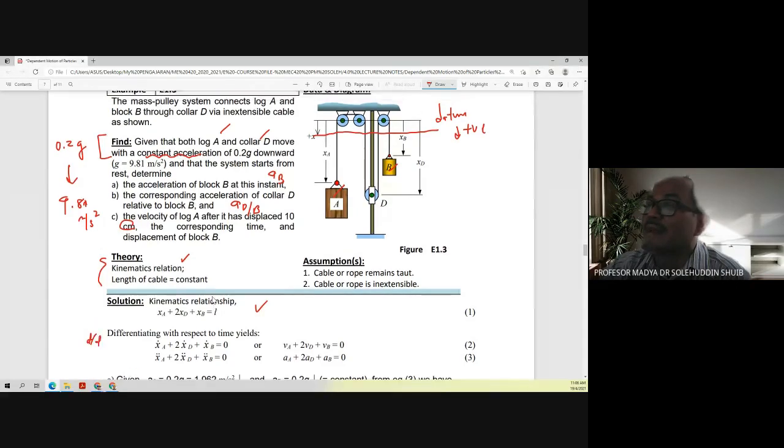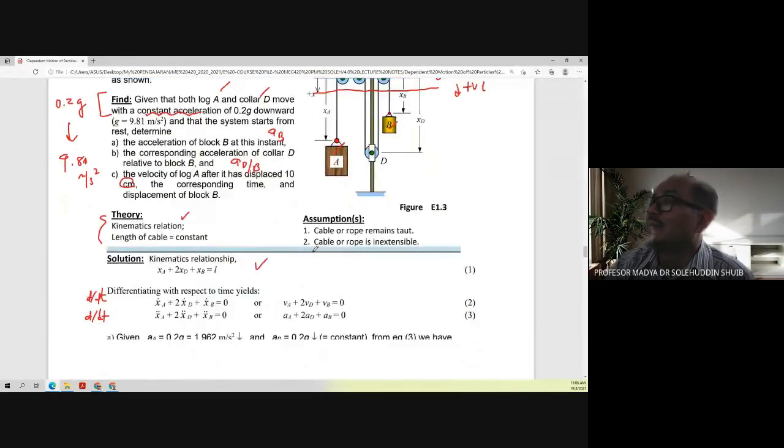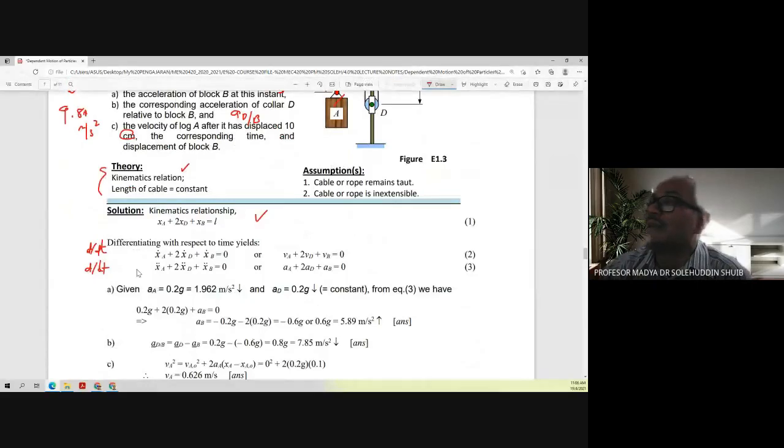So 2x dot, 2x double dot, and the same thing for x dot B, x double dot B. Or you can write it like we did previously, in terms of velocity and then in terms of acceleration. It can be both ways.